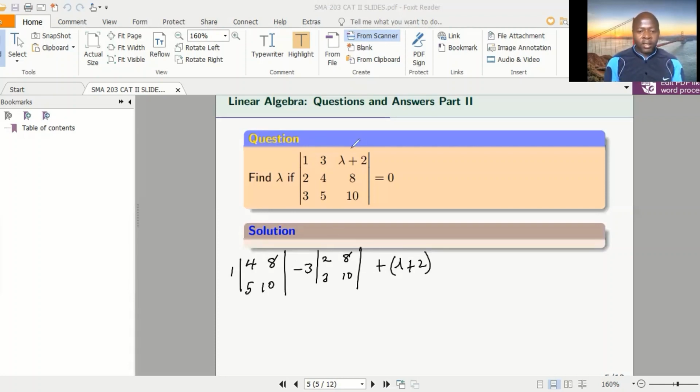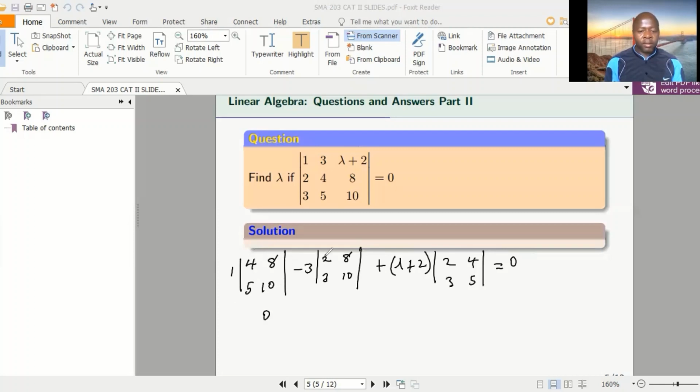So now delete the row of lambda plus 2 and the column of lambda plus 2. The matrix that remains is 4, 35. Equate this to 0. Now the first one here is 40 minus 40, which is 0.